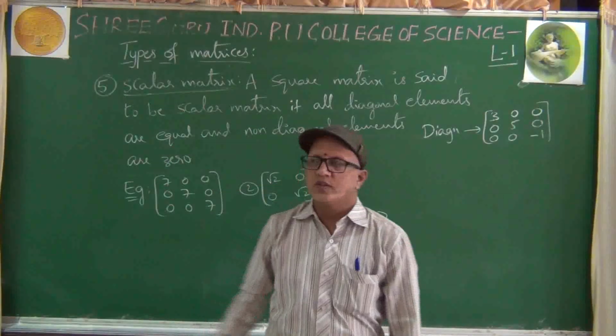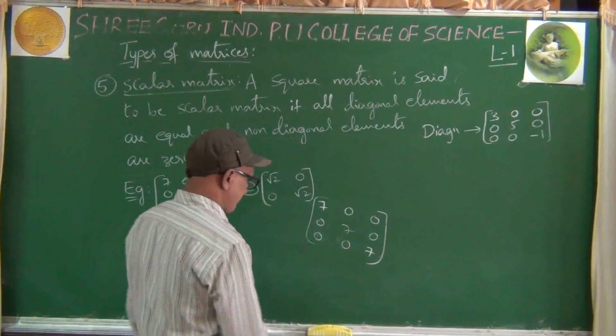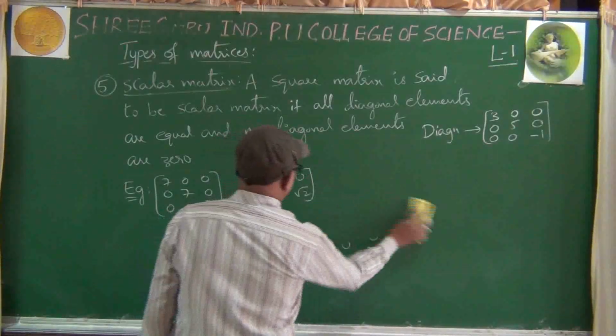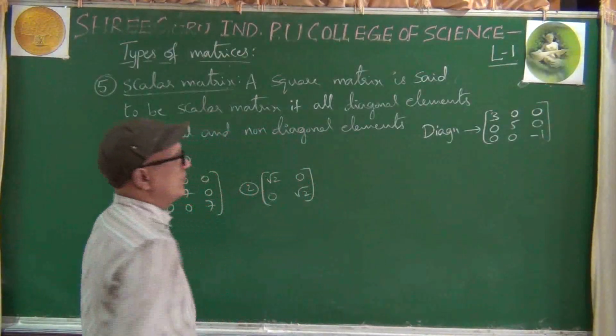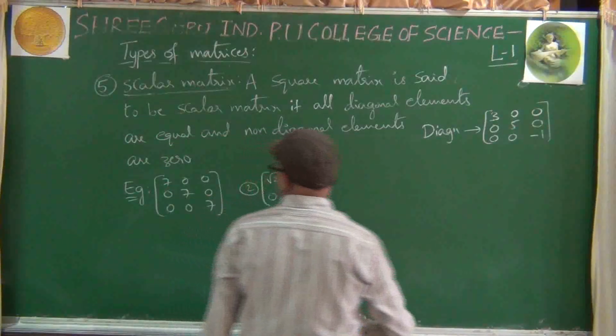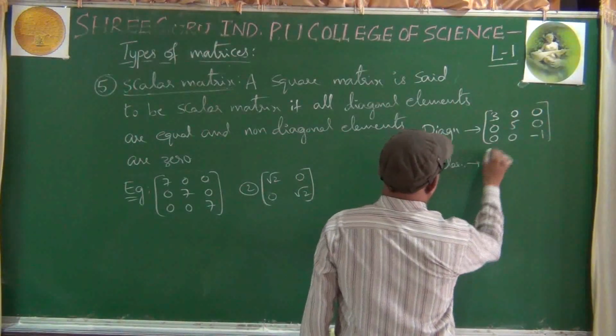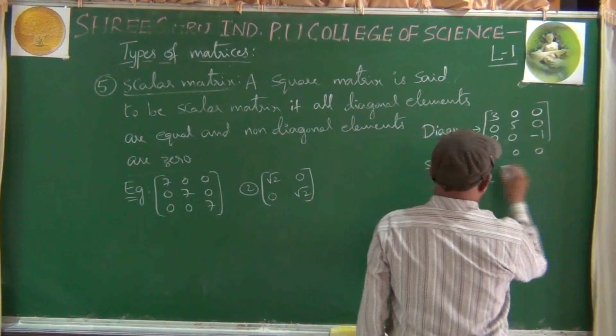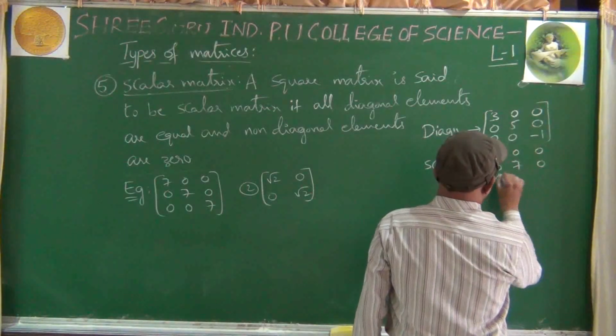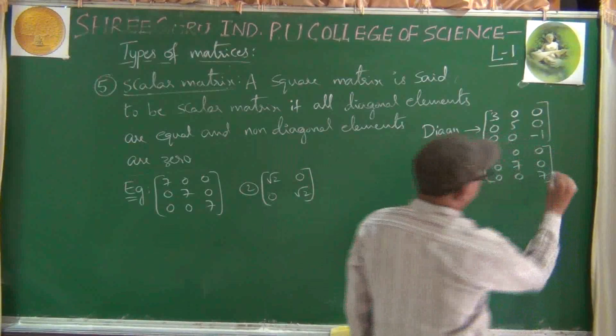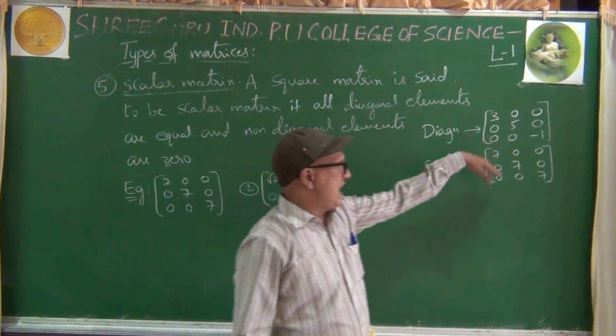Okay. So I will write here scalar matrix example: 7 0 0, 0 7 0, 0 0 7.